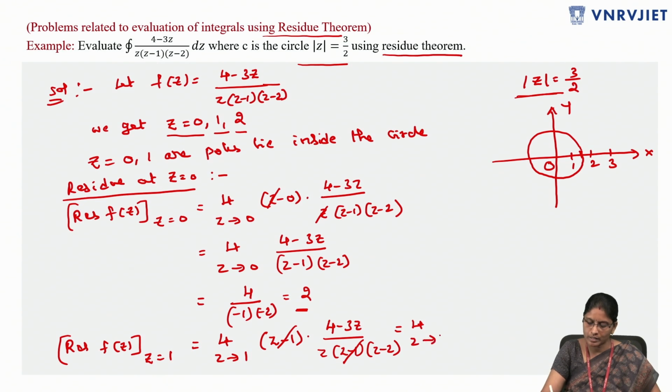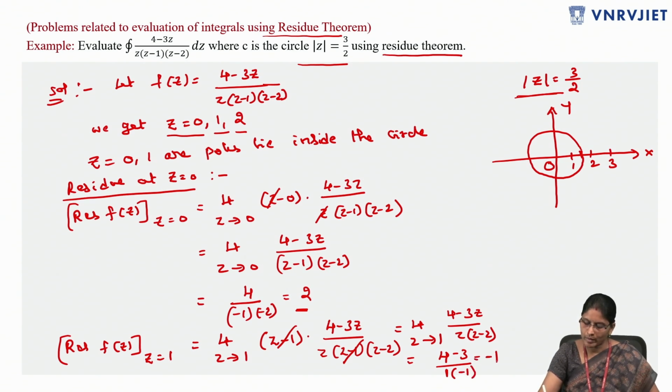We get limit z tends to 1, (4 minus 3z) by z into (z minus 2). Next, apply the limit here. We get (4 minus 3) by, in place of z we are taking 1, 1 times (1 minus 2), which is equal to minus 1. Residue of the function f of z at z is equal to 1 is minus 1.